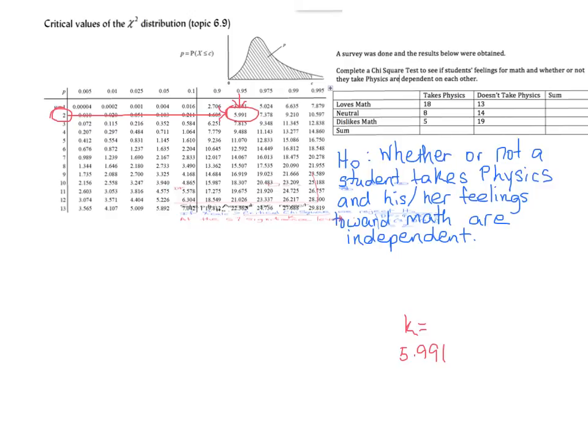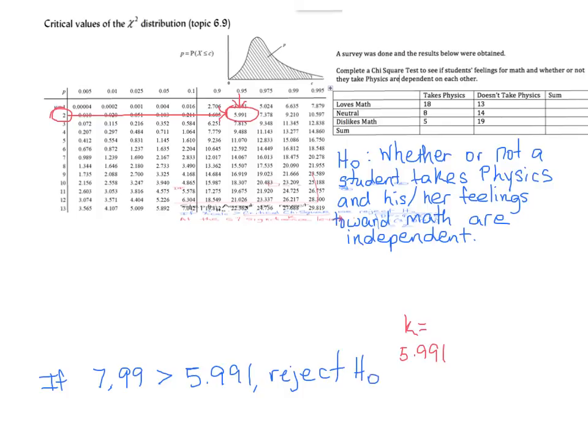So restating our rejection inequality, if the calculated chi-squared value, which we got to be 7.99, is bigger than K, or critical chi-squared, which we got to be 5.991, we reject H0. We reject the null hypothesis.